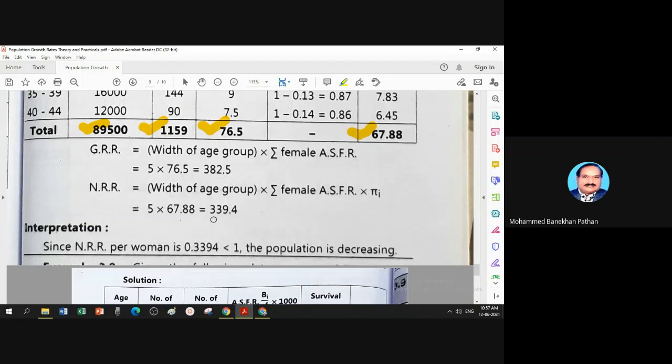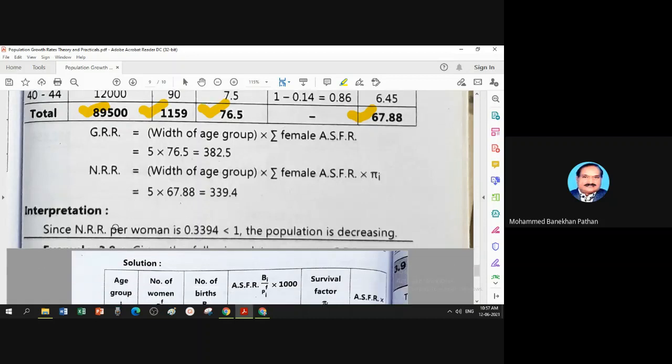Again, NRR is 339.4 per thousand. If I want to speak per woman, divide by 1000. Again, this number is less than 1, population is decreasing. If it is greater than 1, population is increasing. That is to be remembered.